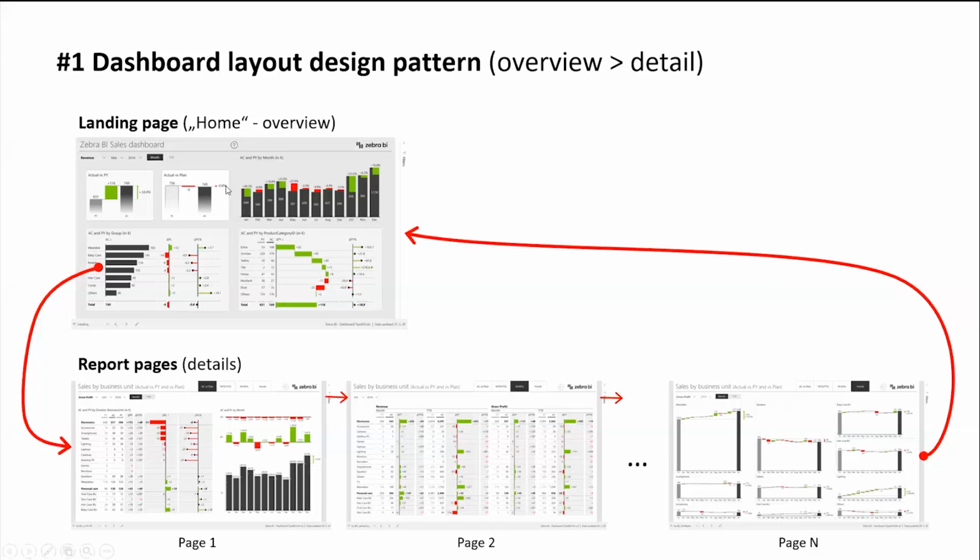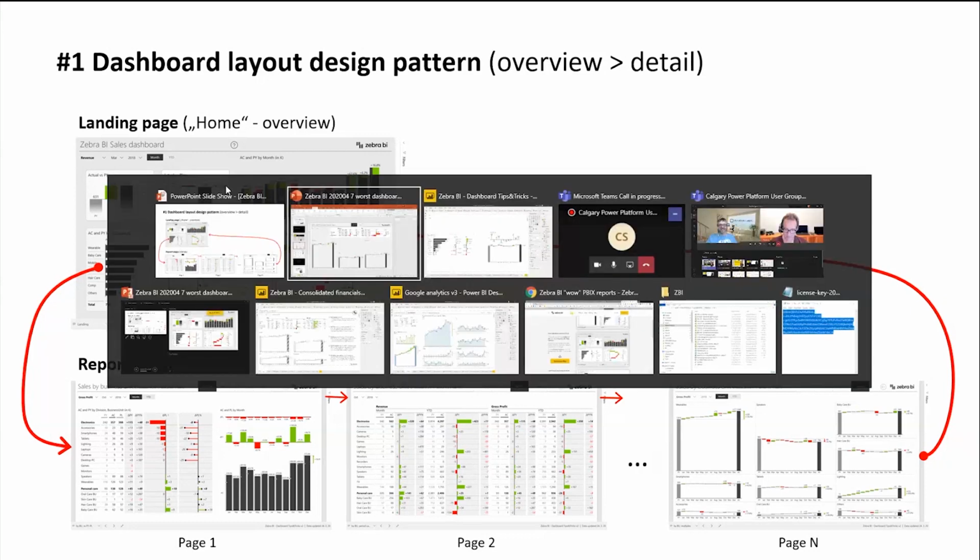And then provide good interaction from the landing page to the detail, so that people will land on this landing page and then go to the detail, go back to the landing page to another detail, and so on, right? So at this point, let me illustrate this with a real example.